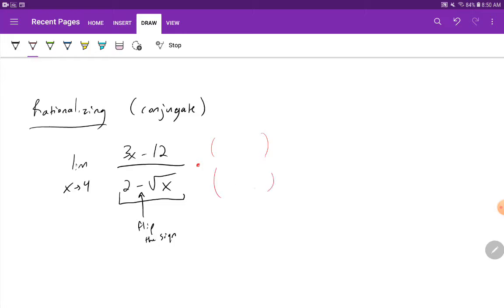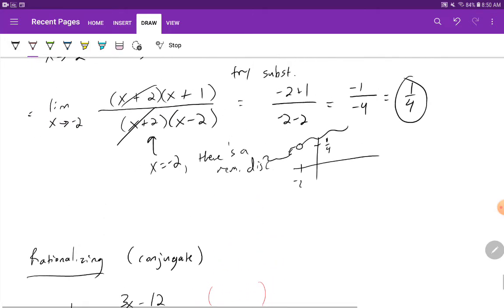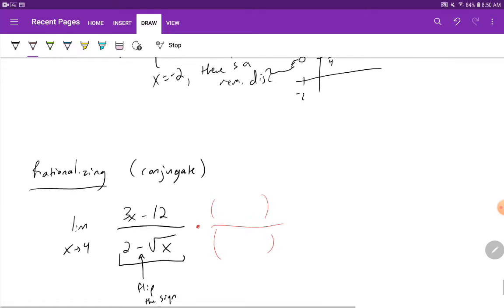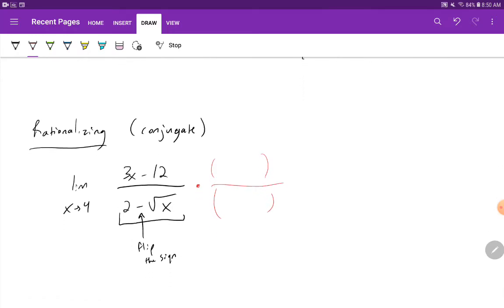Because think about it, the whole point: in this first one with the factoring, all we did was rewrite what we had. That's the idea. We're just rewriting the function to look a little different, because if I plug the 4 into this one, you get 0 over 0, and it's not useful information.